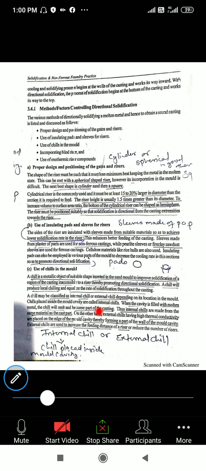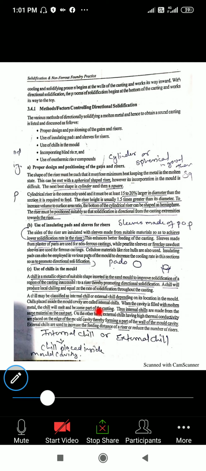So it continuously supplies the liquid metal so that it can avoid the shrinkage defects and overcome the tolerance of the shrinkage. For that reason the riser should be insulated properly so that it should not solidify first before the runner and the cavity metal. For that reason the insulation is done for the riser.